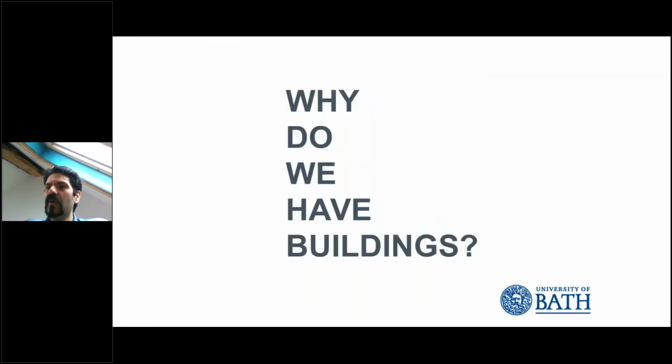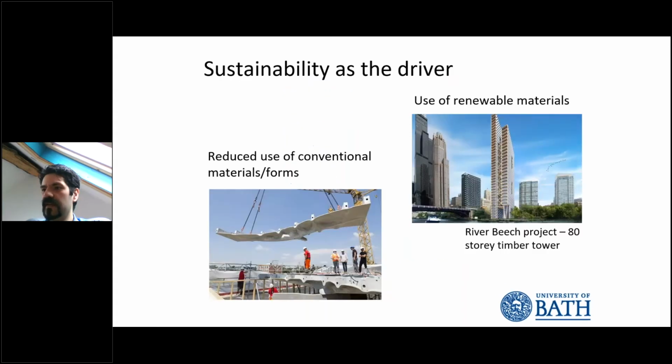So to begin with, why do we have buildings? It's all about buildings. The buildings are basically for people, for them to work, to play, and to live in them.